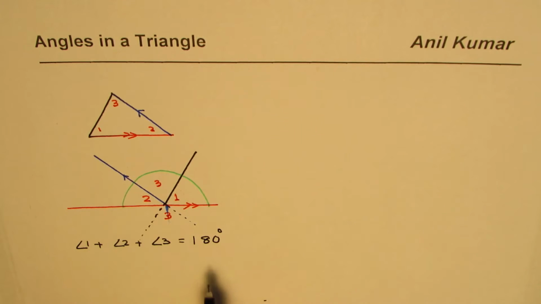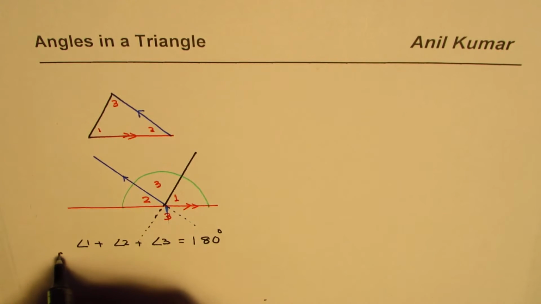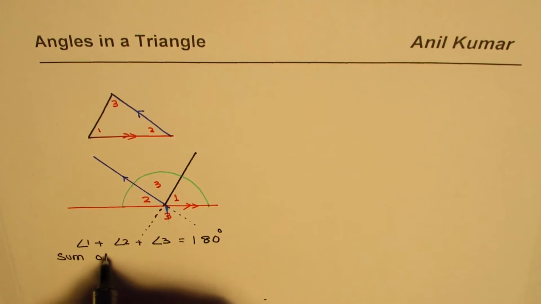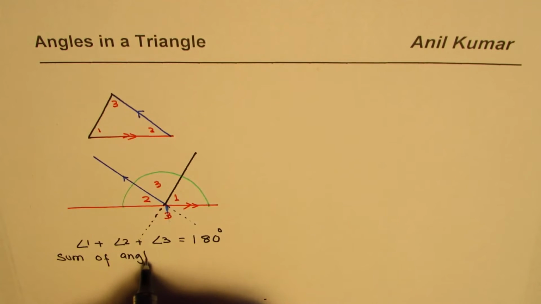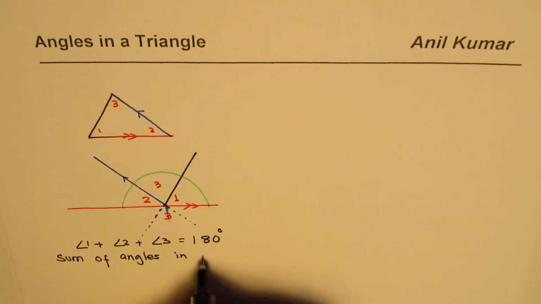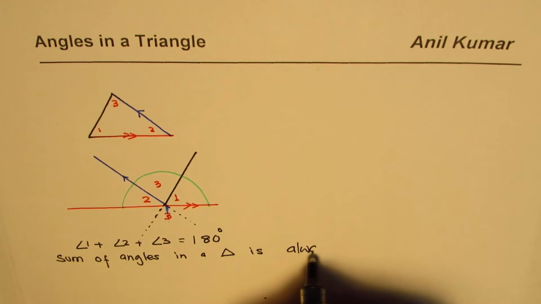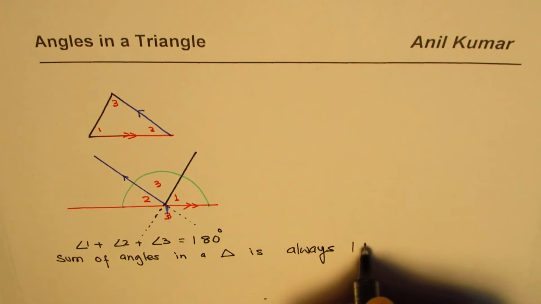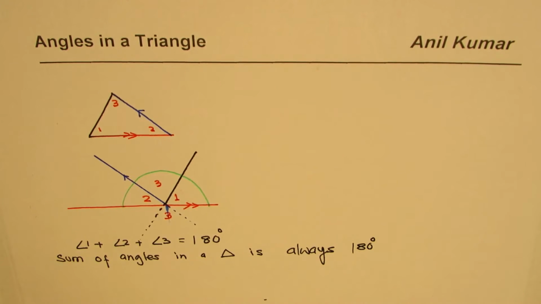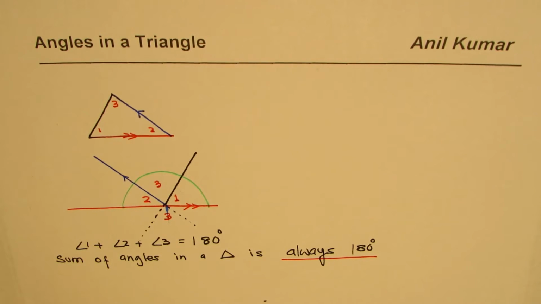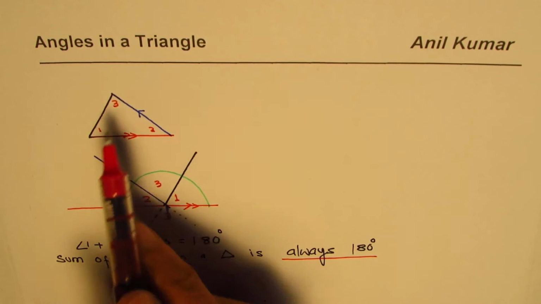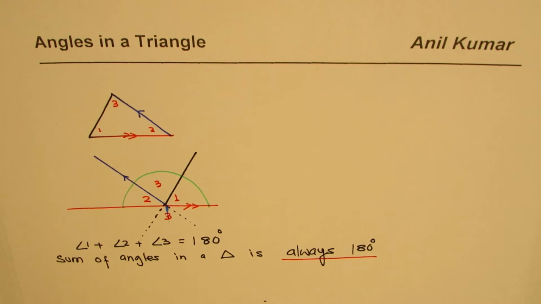And therefore, we come to the conclusion that sum of angles in a triangle is always 180 degrees. It's important to understand that the sum of angles in a triangle is always 180 degrees, and that is how you can visualize it.